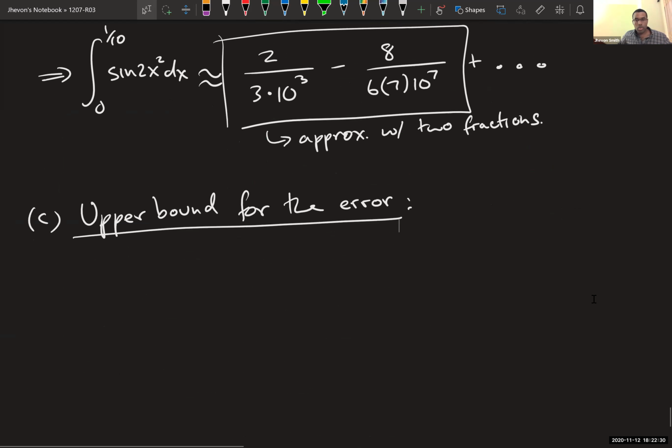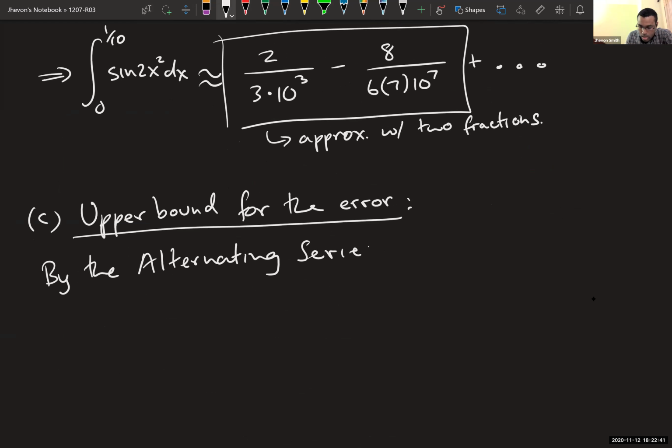Alternating series approximation theorem.